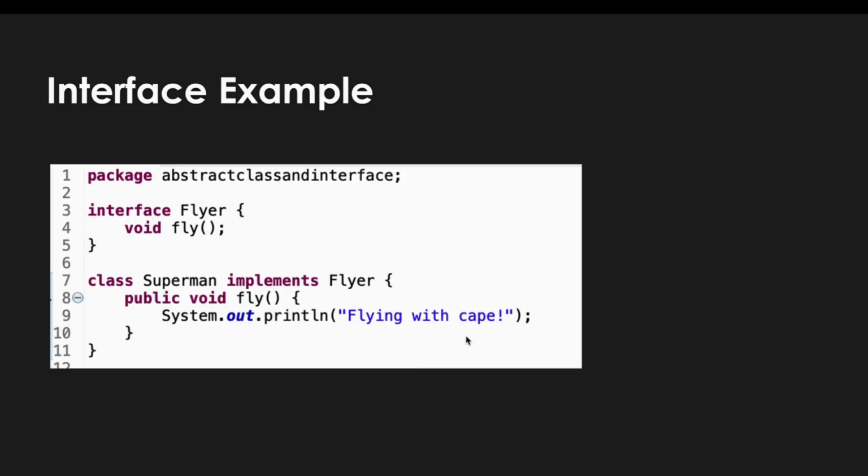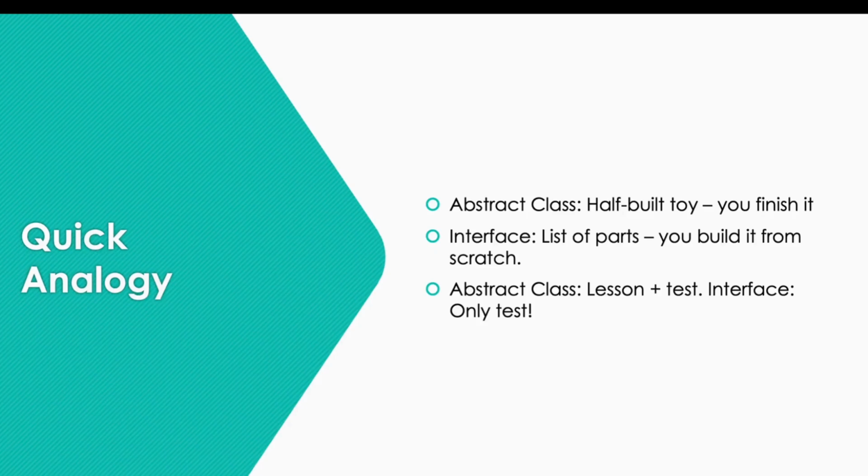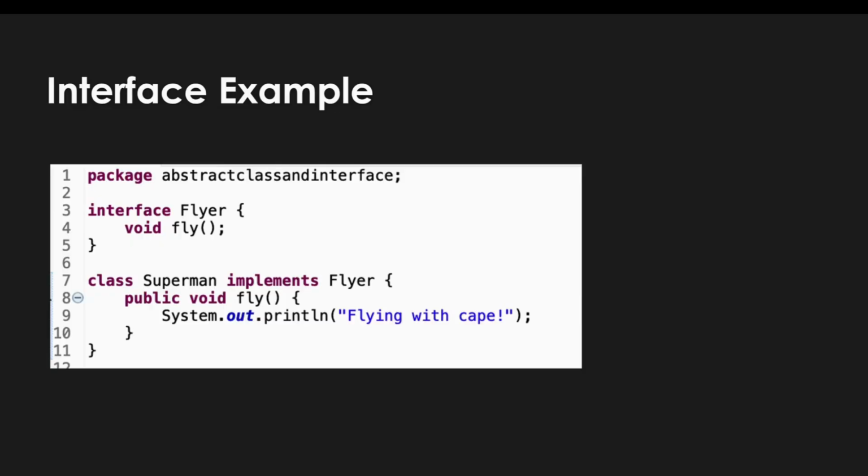Now the Iron Man class can also implement the Flyer interface and provide its own implementation. So in the Iron Man case, they can print something like flying with jet boosters. Okay, so that is where the interface comes into the picture.